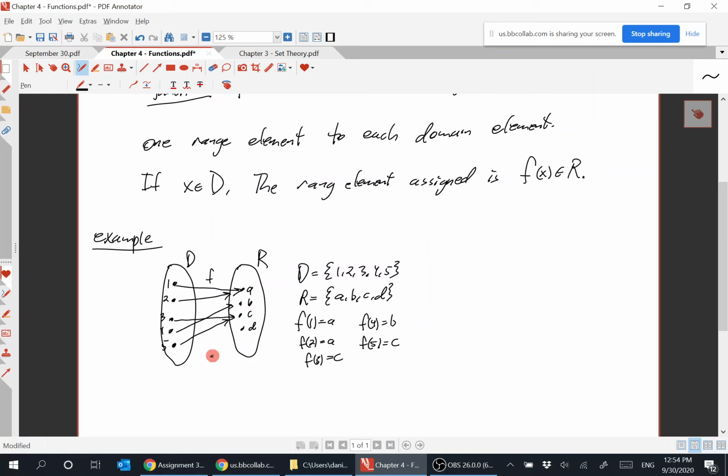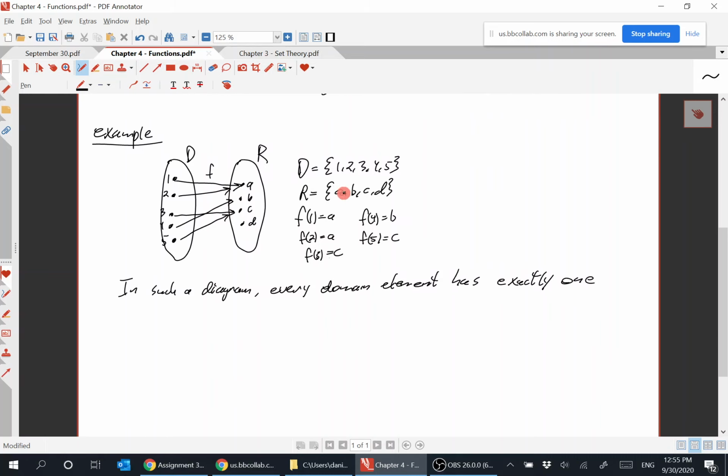So in such a diagram, every domain element has exactly one outgoing arrow.